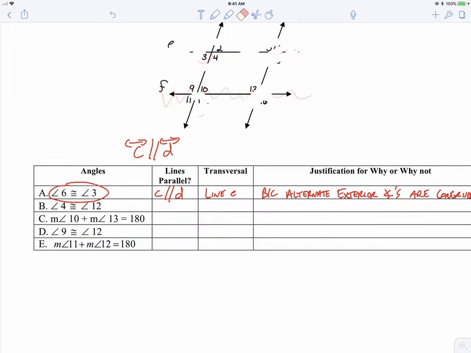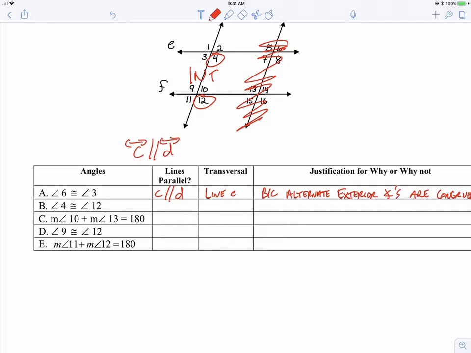Angle 4 and angle 12, they say are congruent. So that means we're not dealing with these guys at all. These don't seem to be interior because here's the interior of the two lines. And one's interior, one's exterior. It looks like these guys are corresponding.